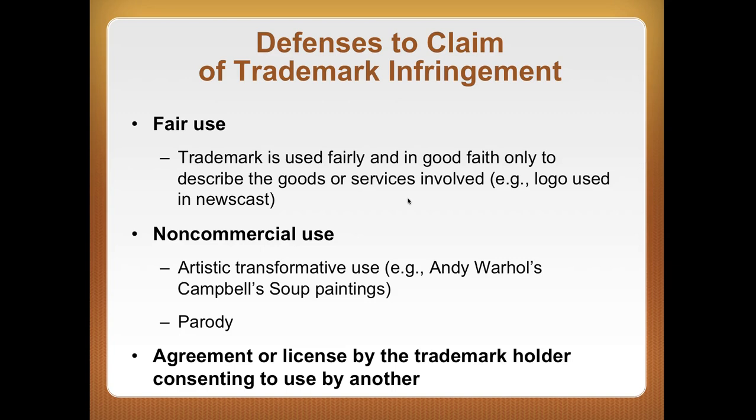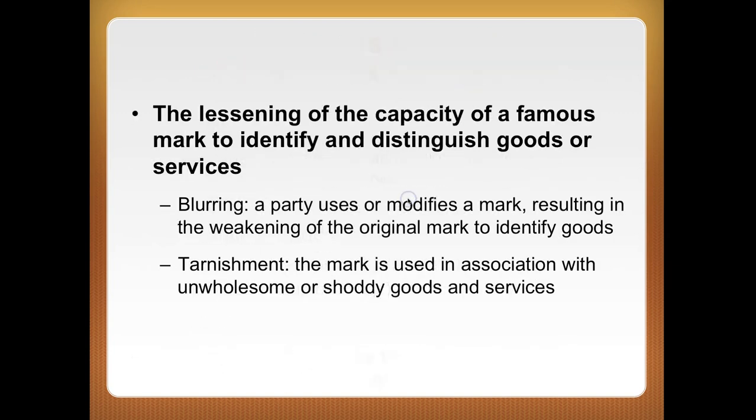You can also show that there's an agreement or a license that allowed you to use whatever you're using. There's also this concept of dilution, which is trying to lessen the capacity or distinctiveness, basically trying to blur the lines of a famous mark. For instance, you modify it, change its colors, weaken the way it originally was, or you tarnish it.